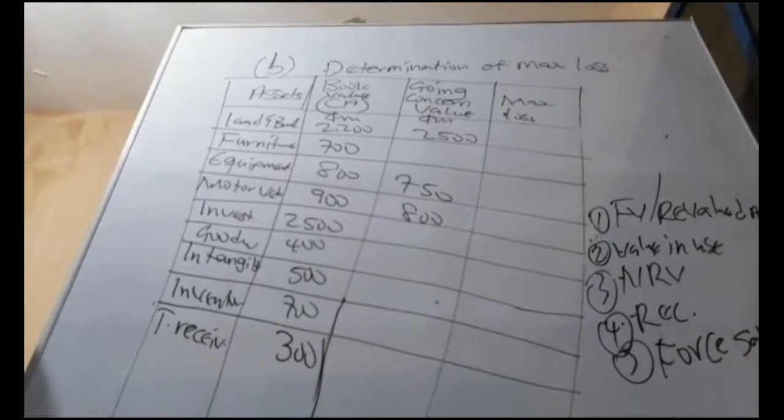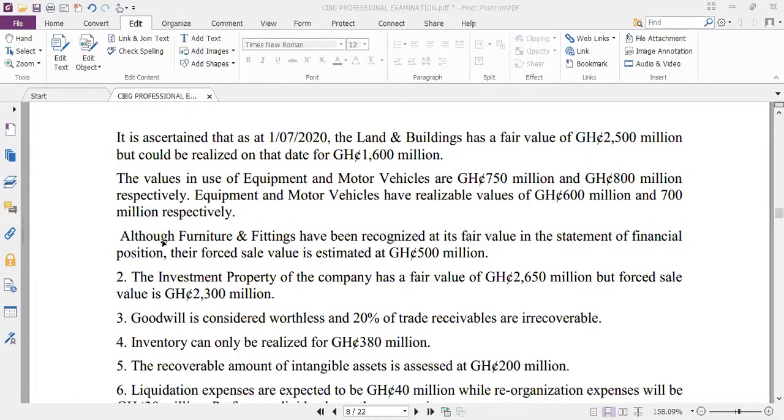Let's go back and pick the remaining ones. Although furniture and fittings have been recognized at fair value in the statement of financial position, their fair value is this.